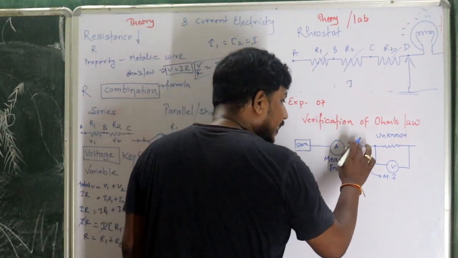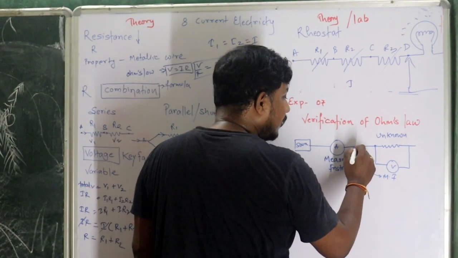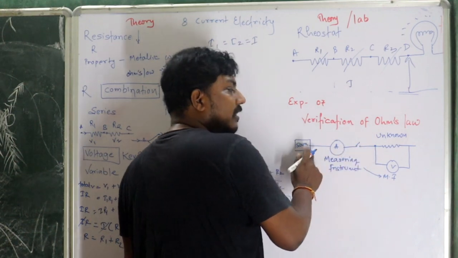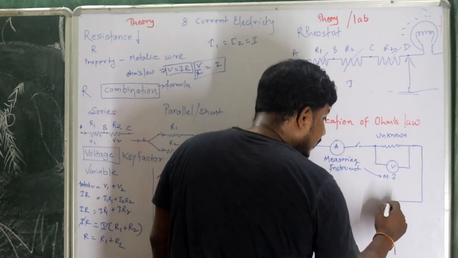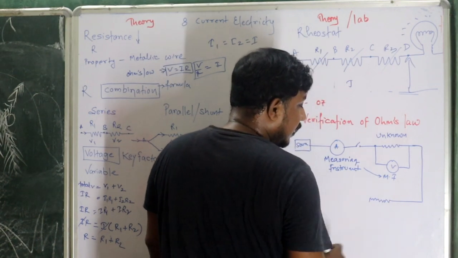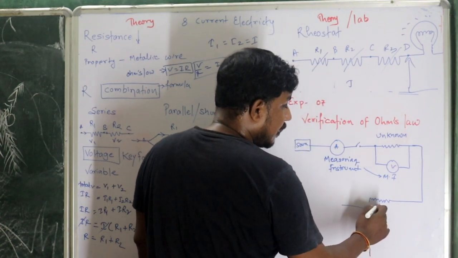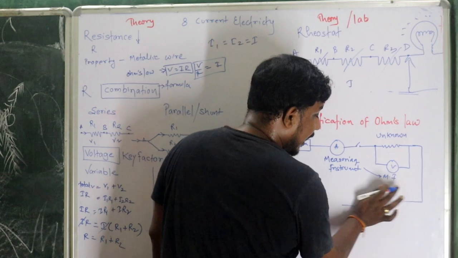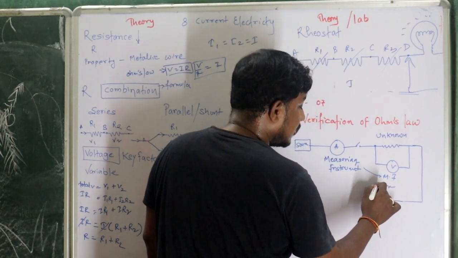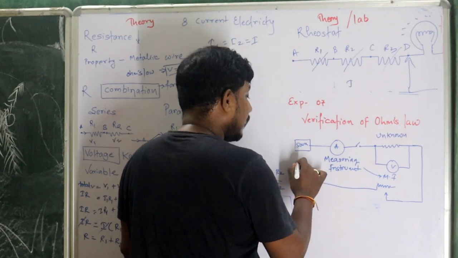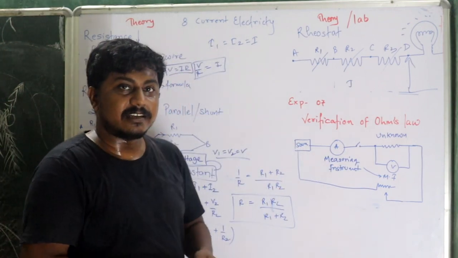Clear? Now if you want, you can apply a switch here or here, it doesn't matter. Then we will have a rheostat. Okay, it's better to make the arrow here. Okay, this is the right way. So this is the initial circuit.